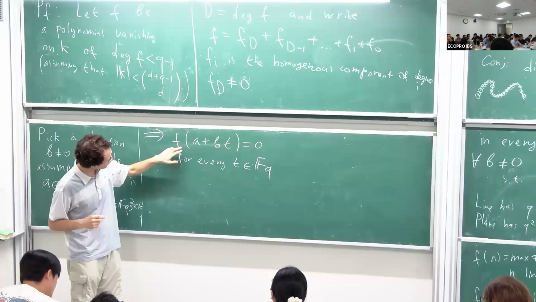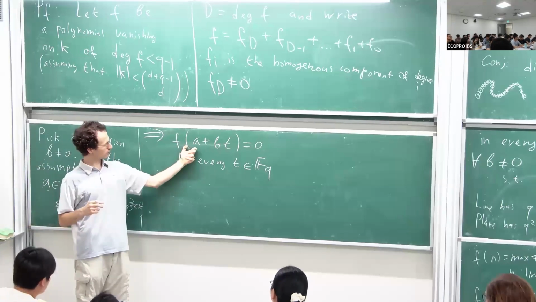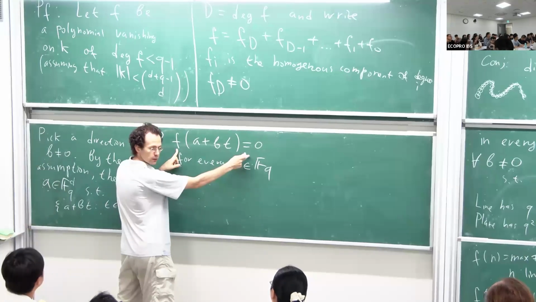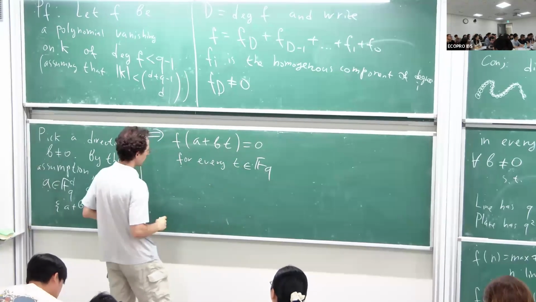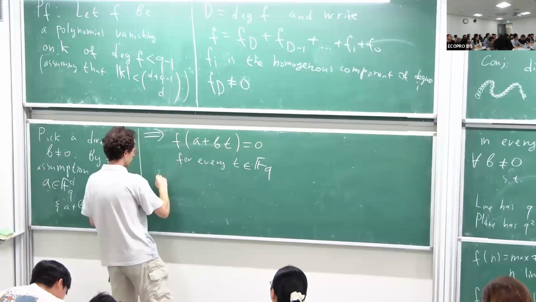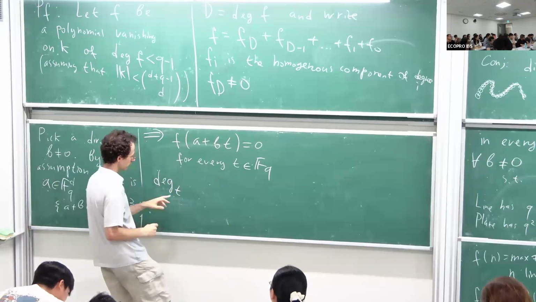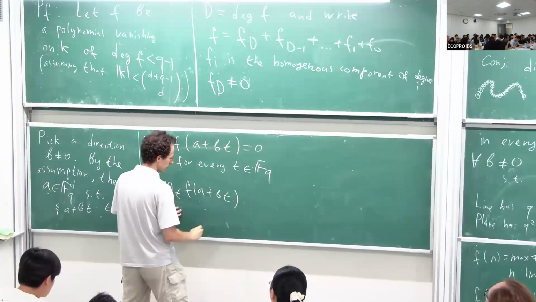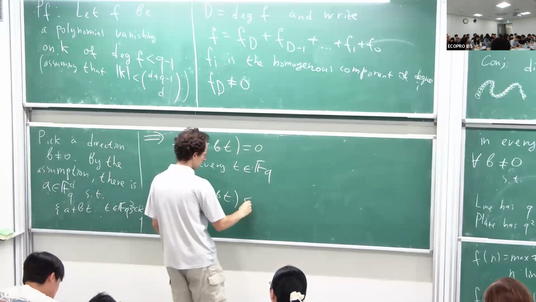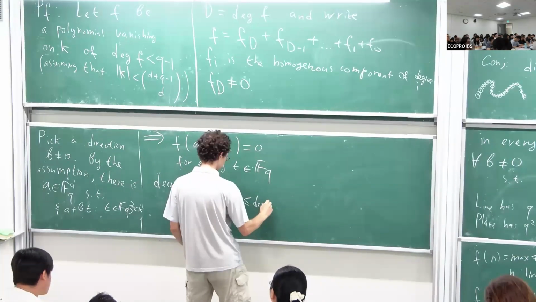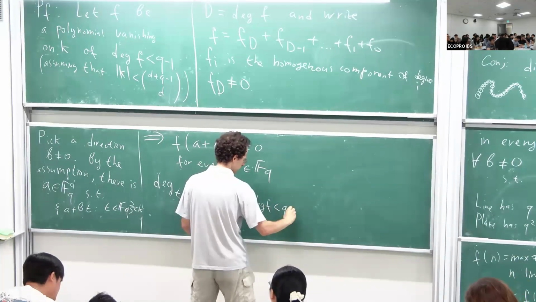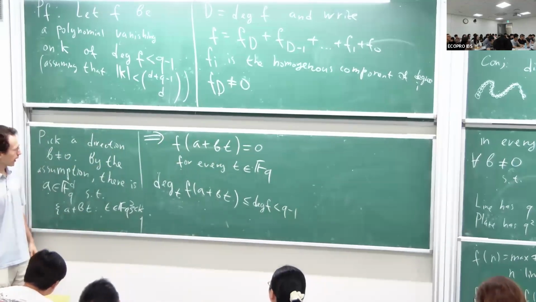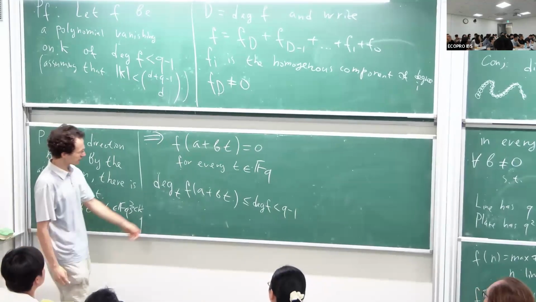This expression is a polynomial in a single variable t, of degree at most the degree of f, but it vanishes at many points.